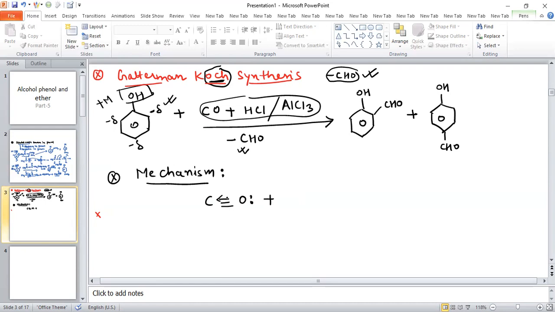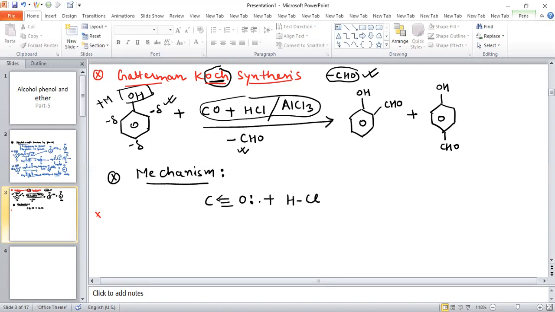Now you can see 2, 4, 6 and 8, so the octet of oxygen is completed. Also there is an electron pair on the carbon atom to complete the octet, and there is HCl. Now see what happens in this case.